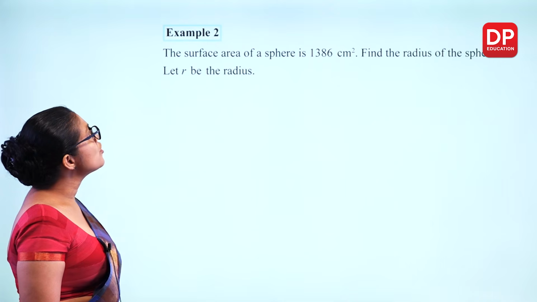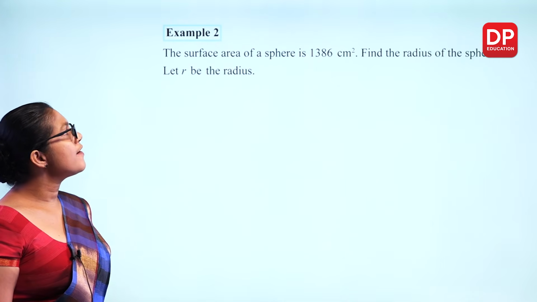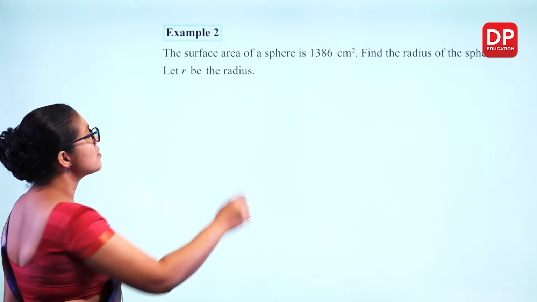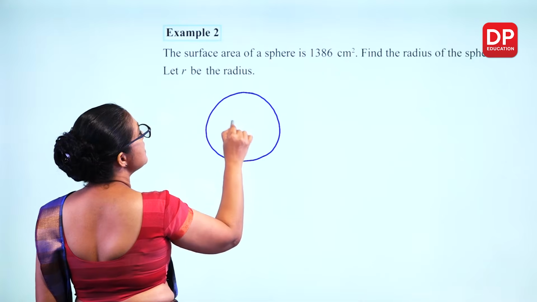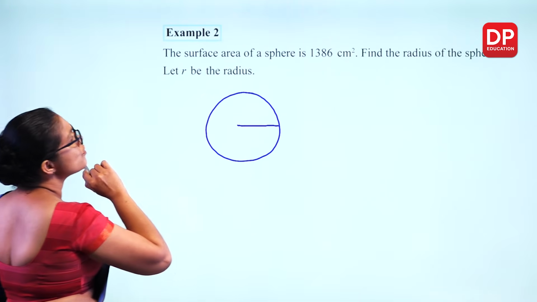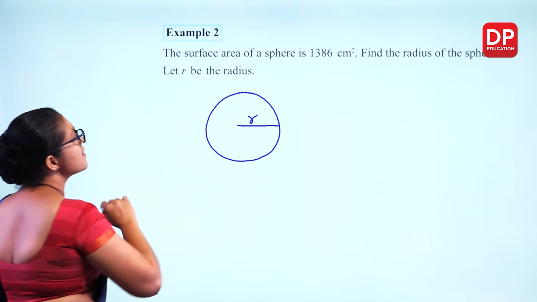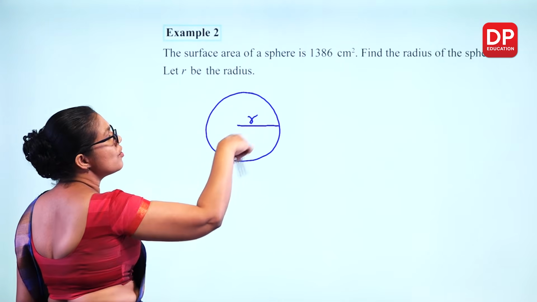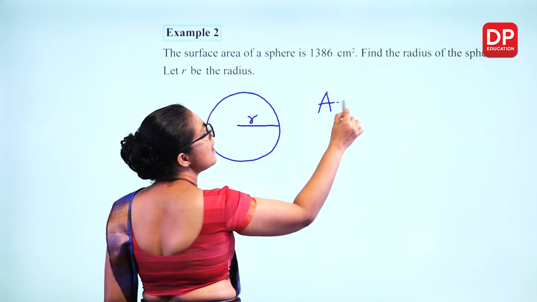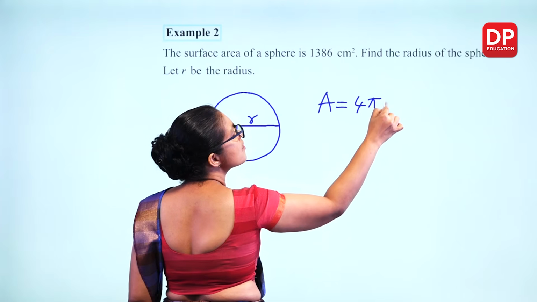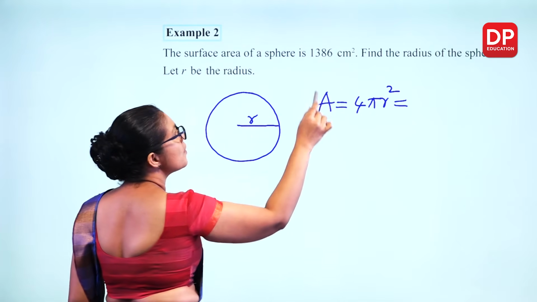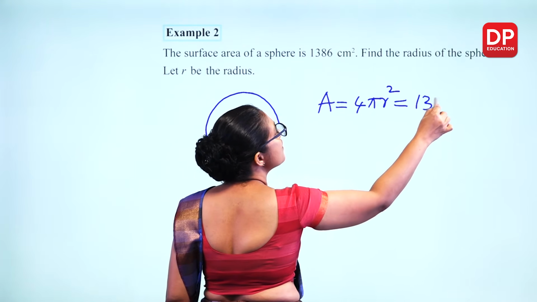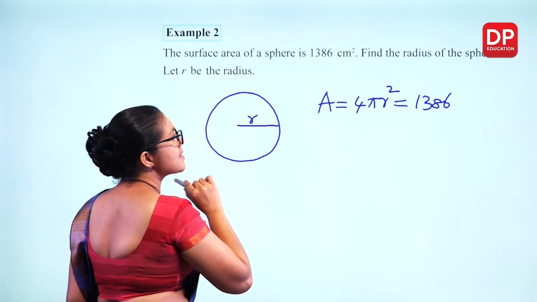Take example number 2. It says the surface area of a sphere is 1386 and you are asked to find the radius. Take r as the radius. So straight away apply the formula 4 pi r squared. So that's equal to 1386.